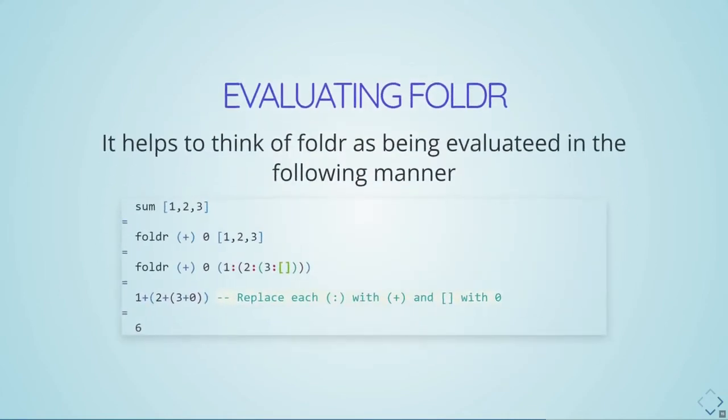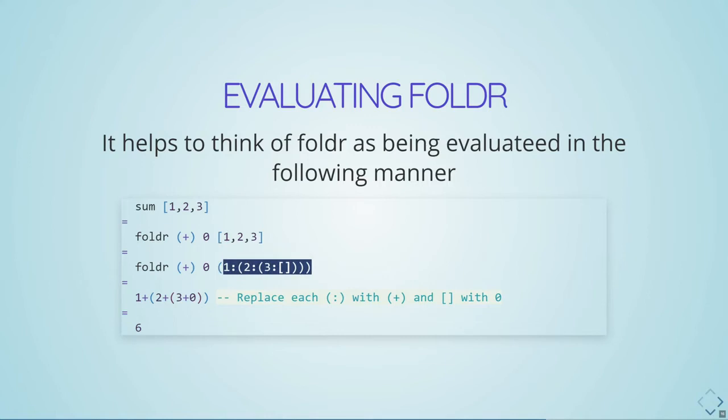If we run through a little sample evaluation here, the sum of 1, 2, 3 would be foldr plus 0 on the list 1, 2, 3. And of course, this list 1, 2, 3 is just a special way of writing 1 colon 2 colon 3 colon, and so on. And here's the trick that you could use to think about foldr.